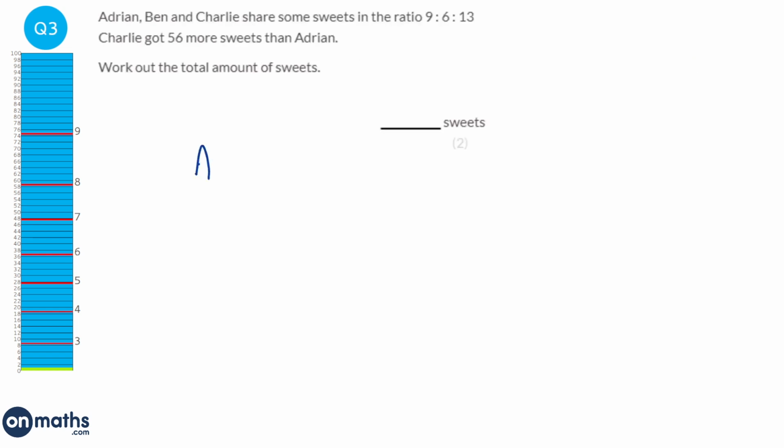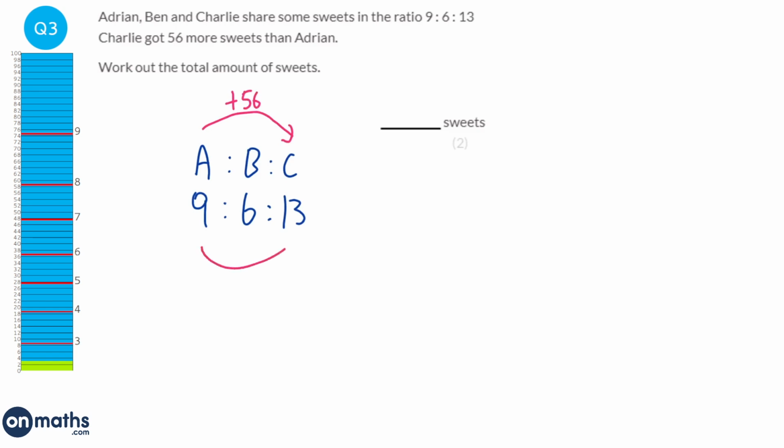So this question says that Adrian, Ben and Charlie have some sweets, and the ratio of Adrian to Ben to Charlie is 9 to 6 to 13. But it also says that Charlie got 56 more sweets than Adrian. So there's 56 more sweets.